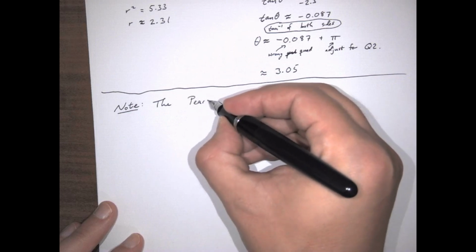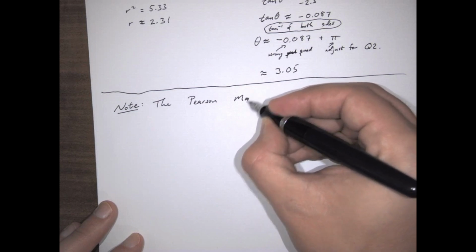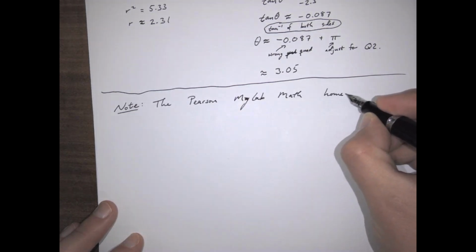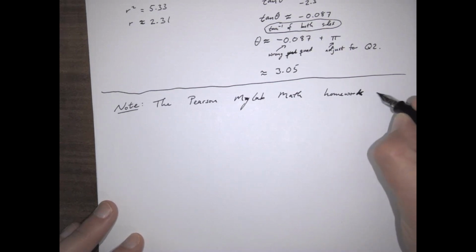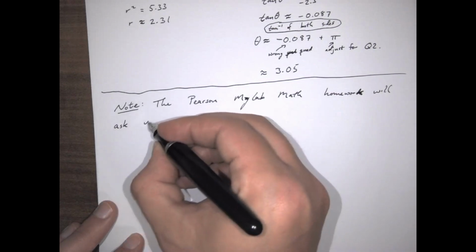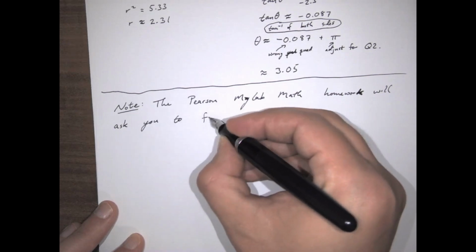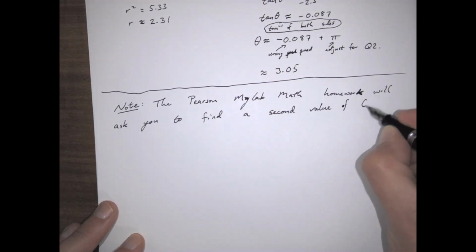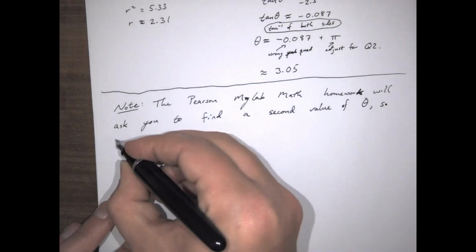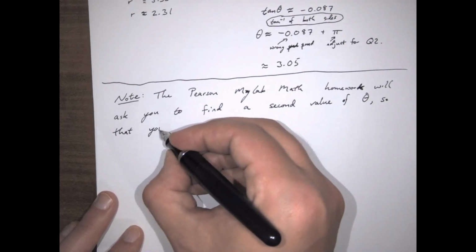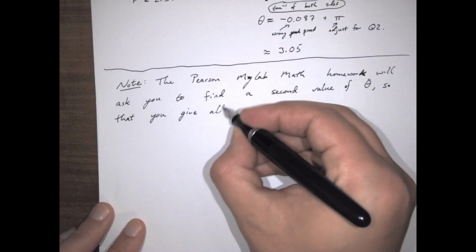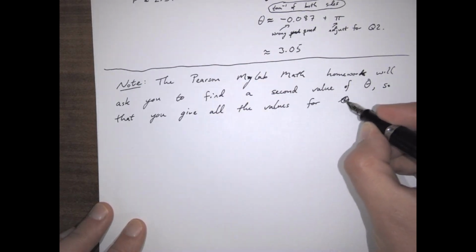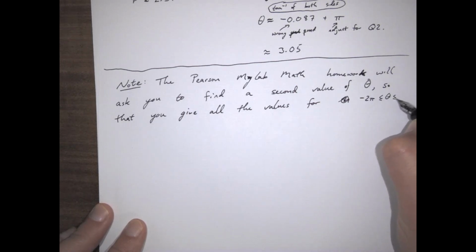The Pearson MyLab math homework will ask you to find a second value of theta so that you give all the values for negative 2 pi less than or equal to theta less than or equal to 2 pi.